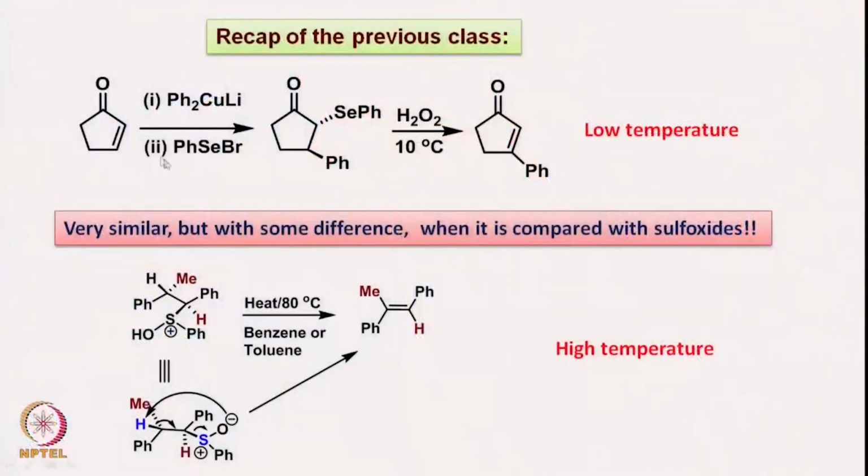For example, what we did was we took an enone, say for example cyclopentenone, and when we did the cuprate addition and then trapped the enolate with a selenium electrophile, we got this phenyl and selenophenyl substituted compound, an intermediate in a trans fashion, which upon oxidation led to the elimination of selenoxide.